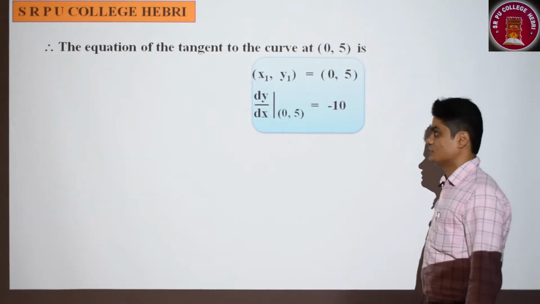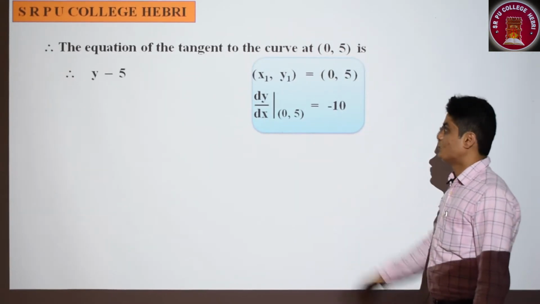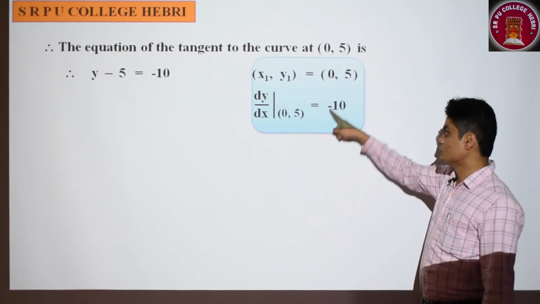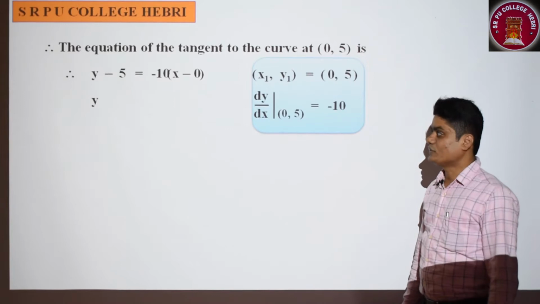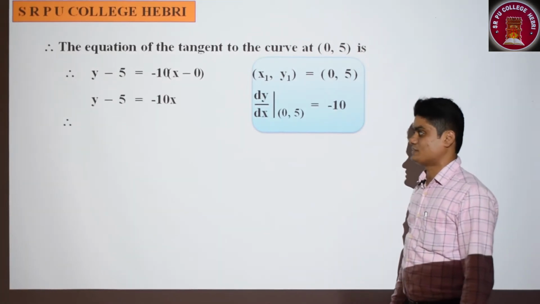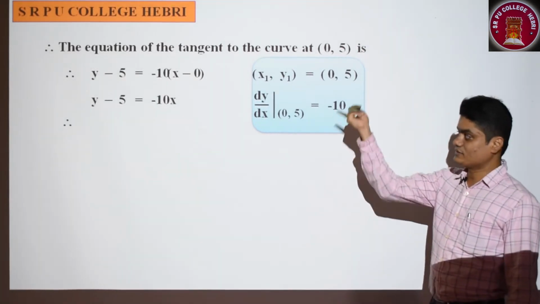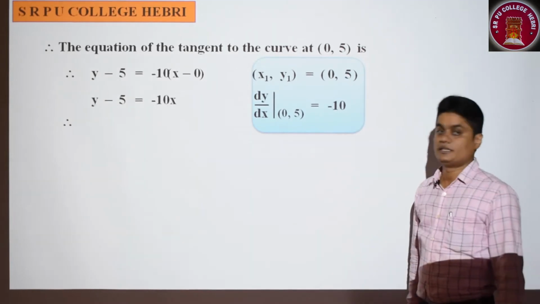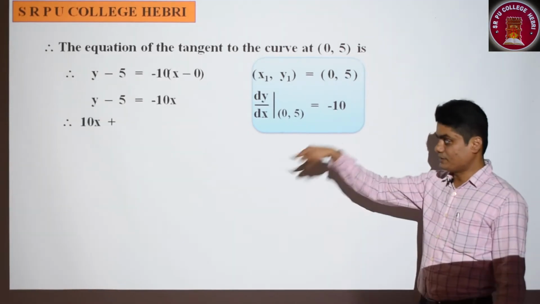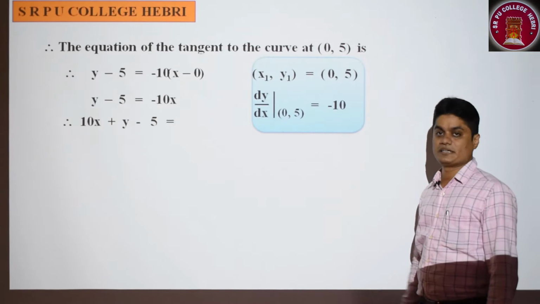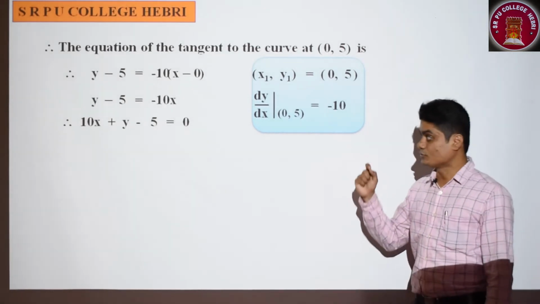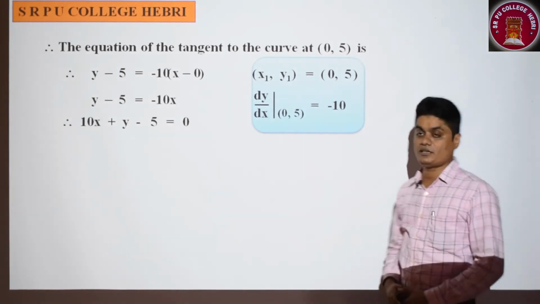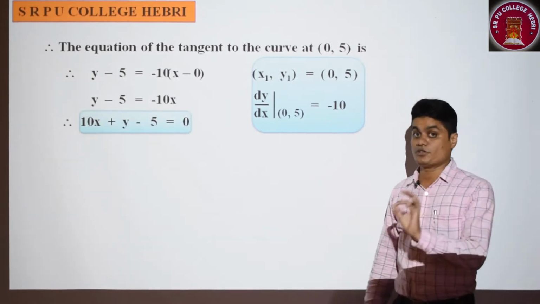Everything is known. y minus y1 equal to minus 10 into x minus x1, that is 0. So y minus 5 is equal to minus 10x. Since the right hand side is minus, take it to the left hand side and it becomes plus: 10x plus y minus 5 equals 0. This represents the equation of the tangent to the given curve at the point 0 comma 5.